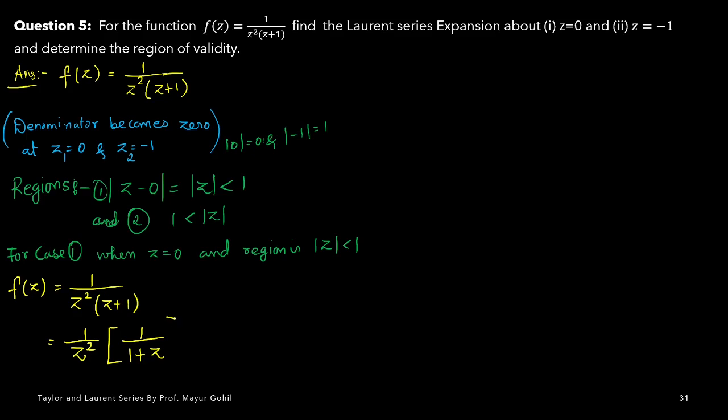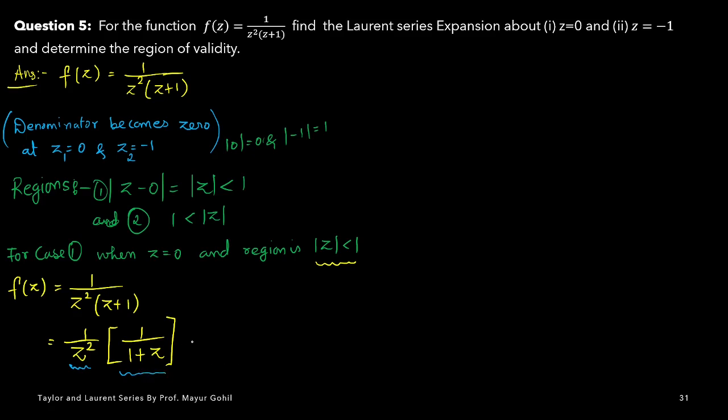And I also have this region condition, that is mod z less than 1, right? So I cannot expand the following part, 1 upon z square, because there is no expansion for it. But I have an expansion for 1 upon 1 plus z.